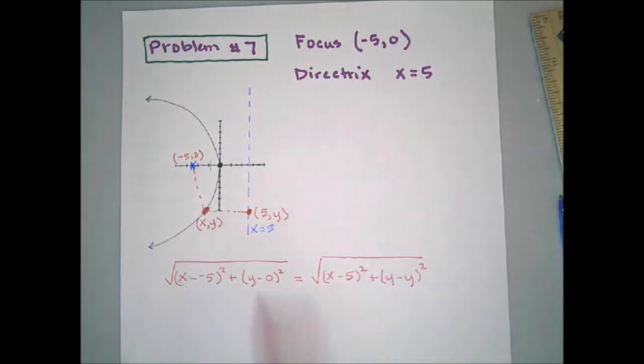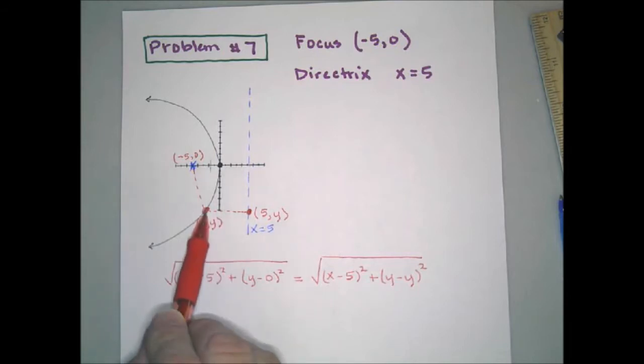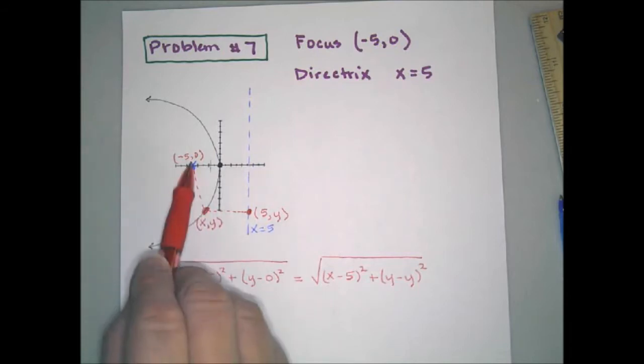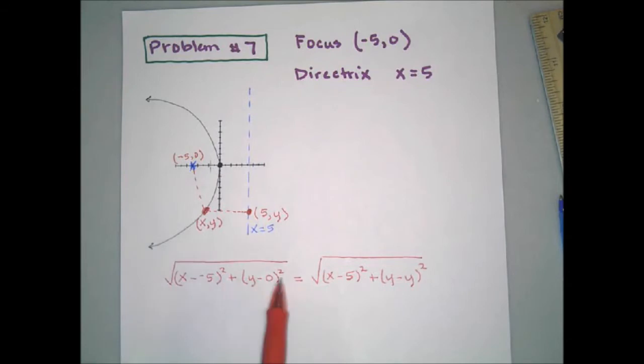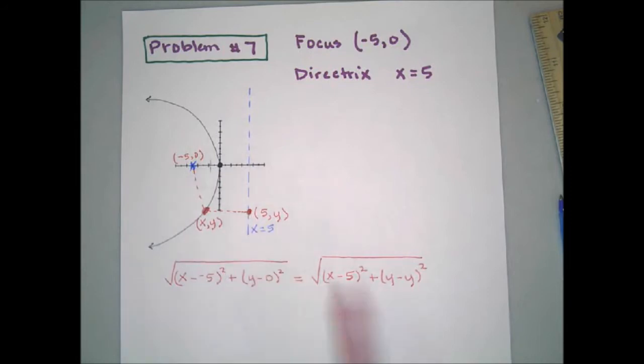So everything from here on out is just going to be doing some algebra, but the setup is the distance from the point on the curve to the focus, which is illustrated right here, is the same as the distance from the point on the curve to the directrix, which is right here. So now all I have to do is start simplifying.